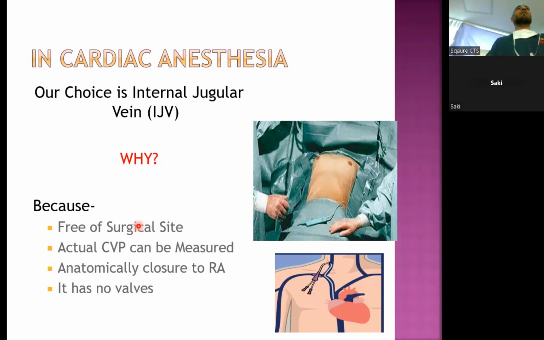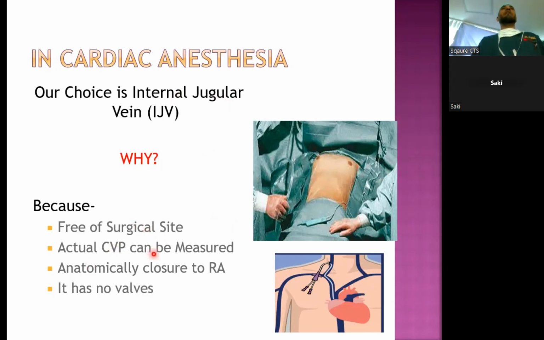Because it keeps the surgical site free, as we have seen that the surgical site is free of anything like a catheter. Sometimes in general ICU or in the ward, they use the subclavian vein, but in cardiac surgery we like to keep this site free. So our first preference is the internal jugular vein.